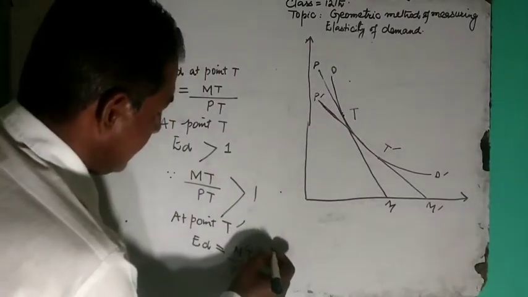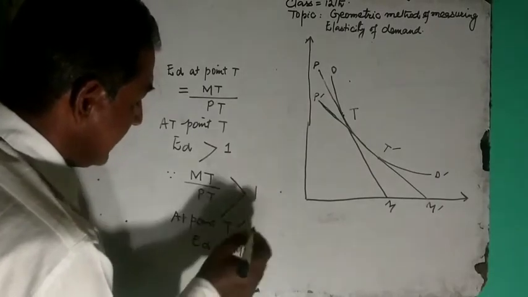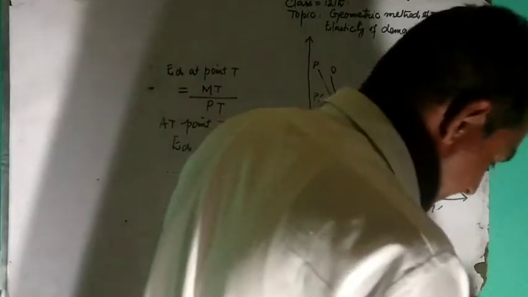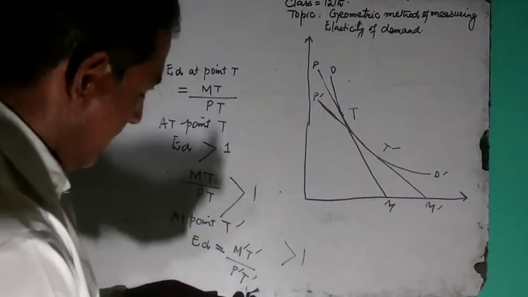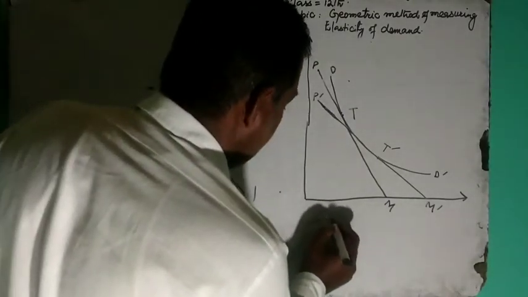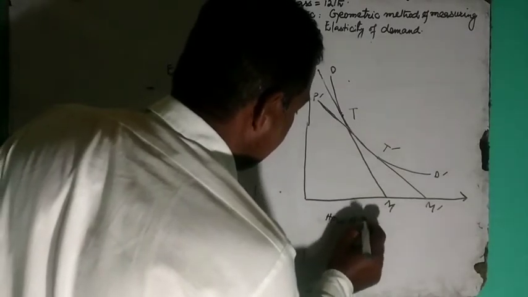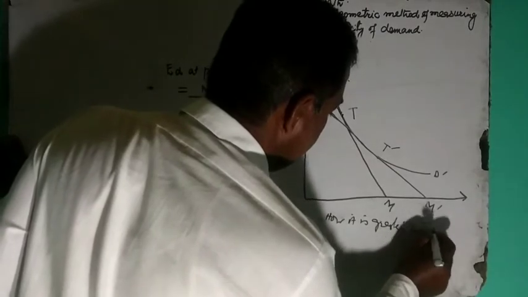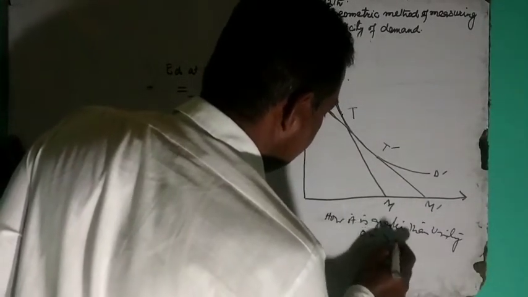Elasticity of demand is equal to M dash T dash divided by P dash T dash. How is it less than 1?